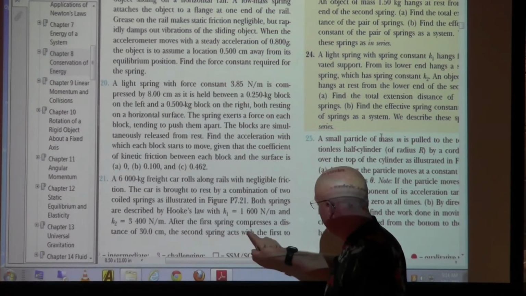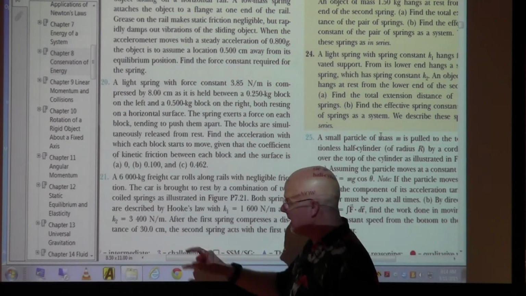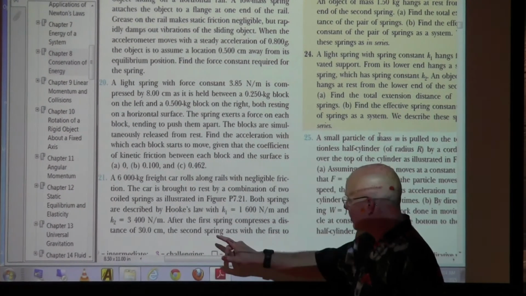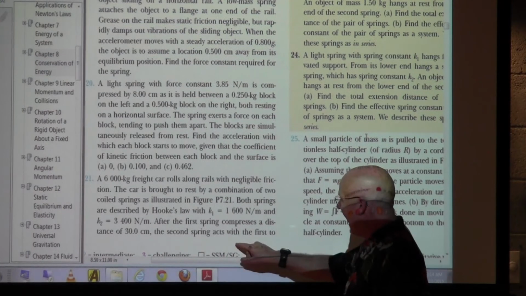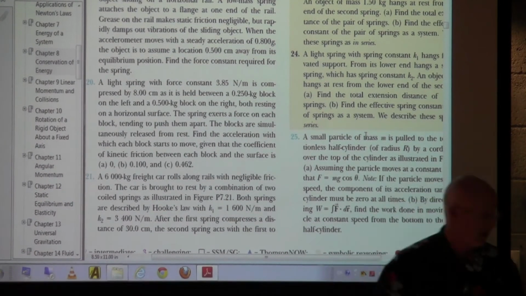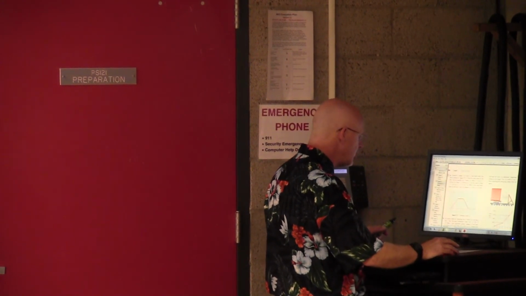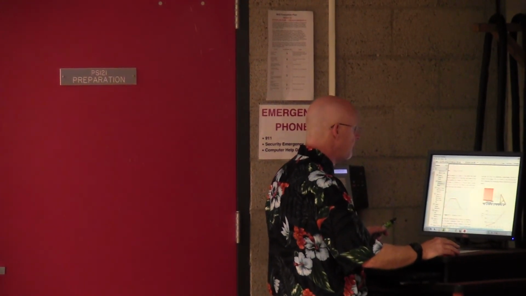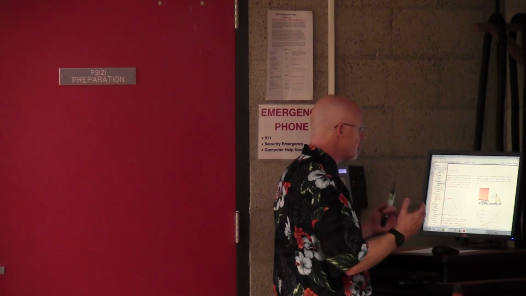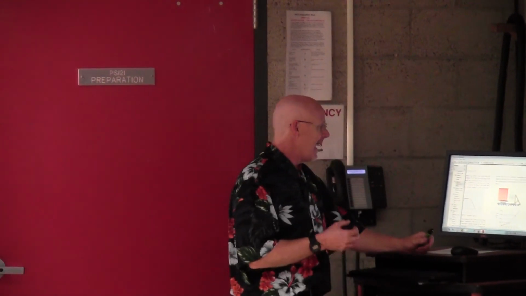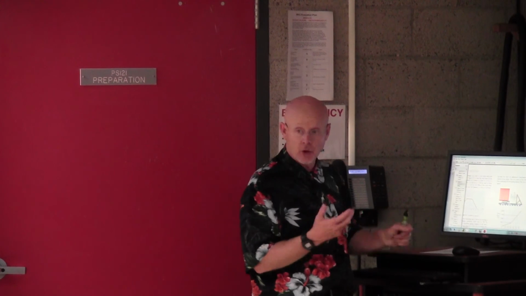After the first spring is compressed 30 centimeters, it then makes contact with the second spring that acts with the first spring to increase the force, as additional compression is required, as illustrated with the graph.